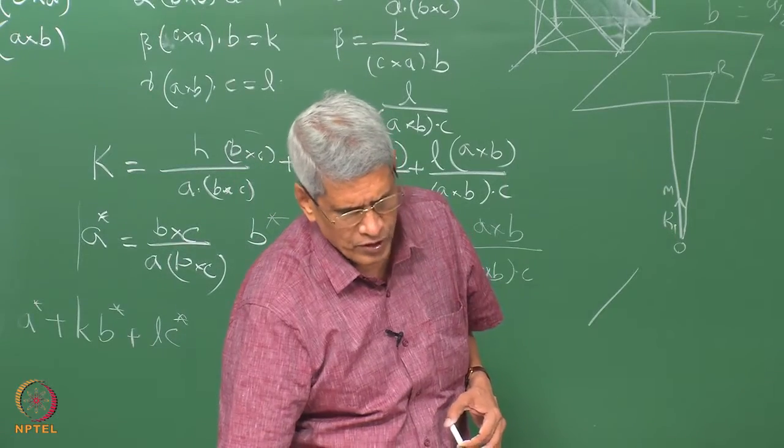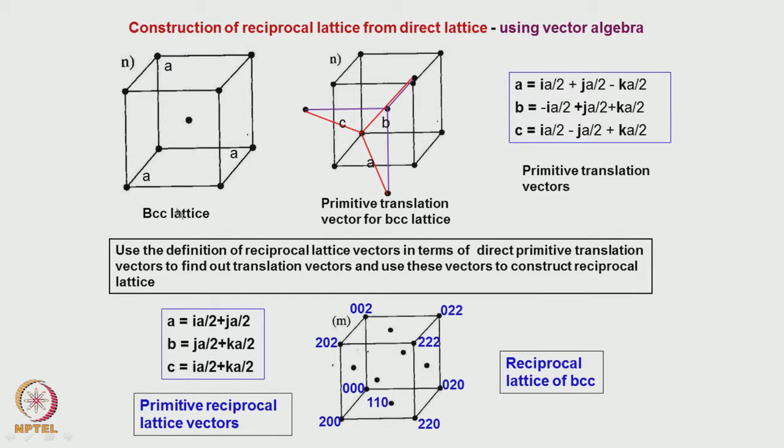Here I have just shown some examples of reciprocal lattices. For example, we started initially with a cubic system, right. This is a body centered lattice, BCC, for which, with respect to this point, when we try to draw the rhombohedron, that is a primitive lattice, this is one vector, this is another vector, and this is going to be the third vector.